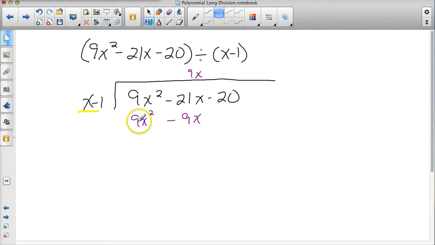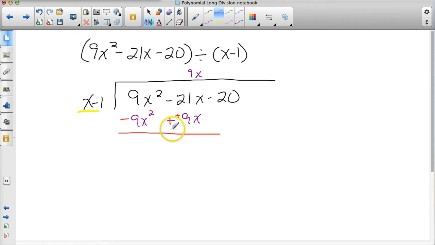Now, remember that we're supposed to subtract. When we do this, we have 9x squared minus 9x squared. That gives us 0. Then we have negative 21x minus negative 9x. That really means that we're taking negative 21x and we're adding 9x to that.